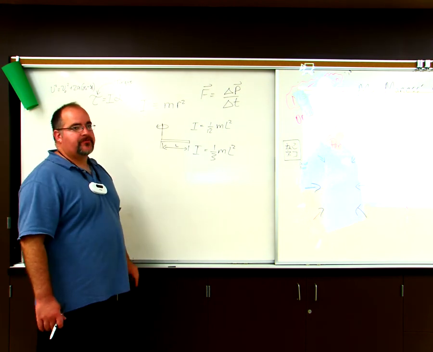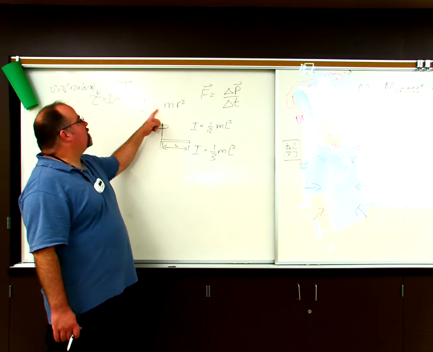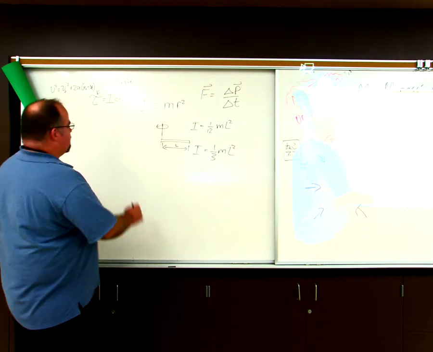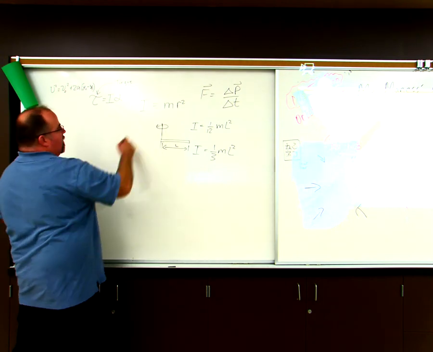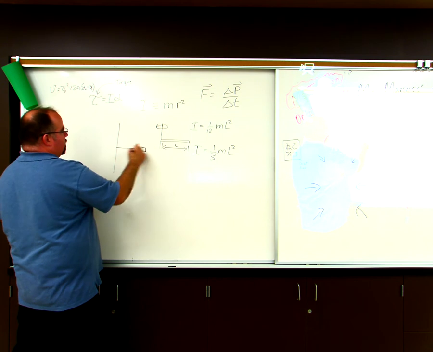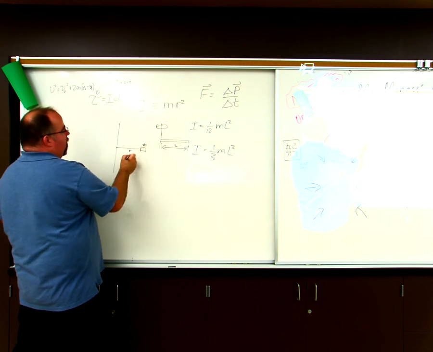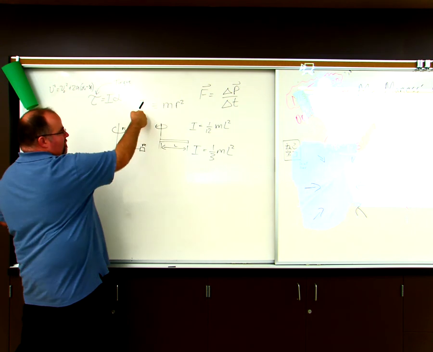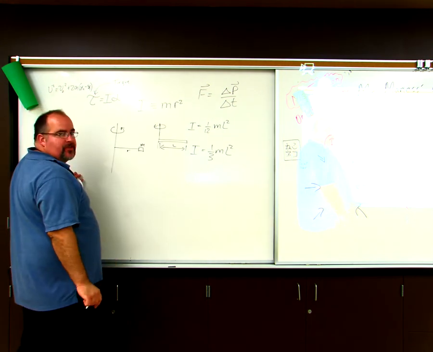So we don't use that one? You could if it was just a single point mass. Check this out, you can use the definition when you have this situation. If you have a mass M at radius R and you're swinging about this axis, you could find its moment of inertia.